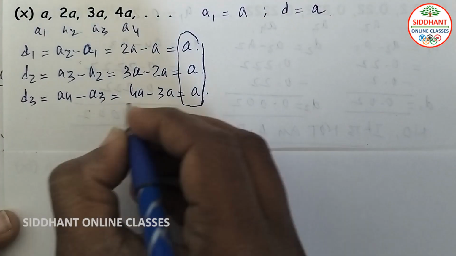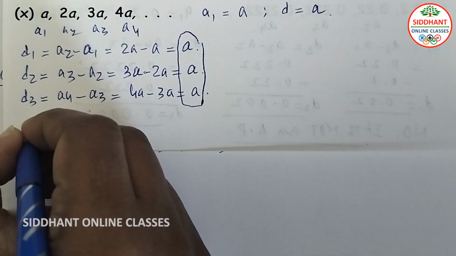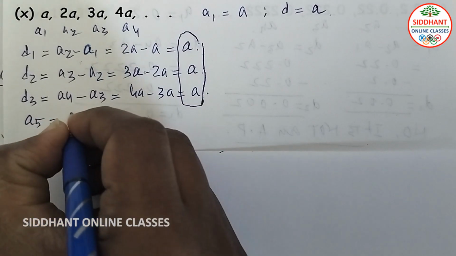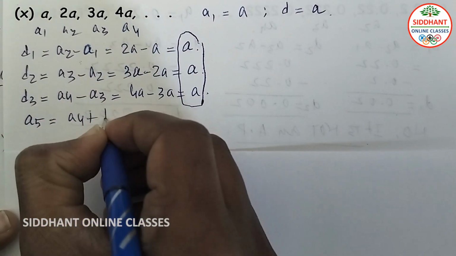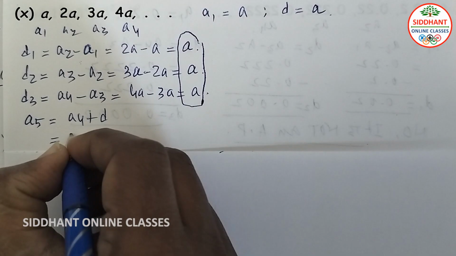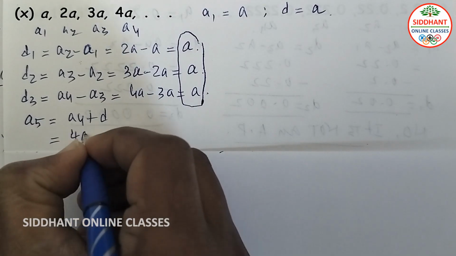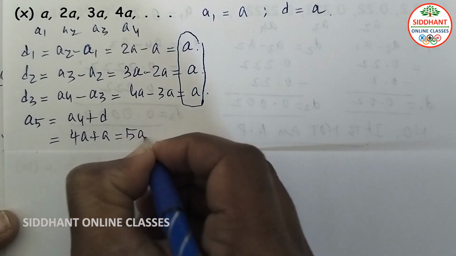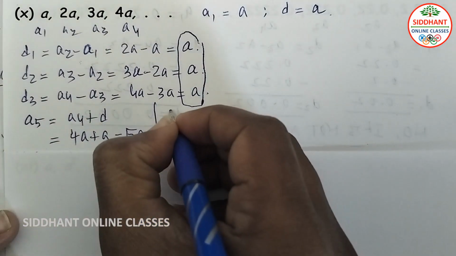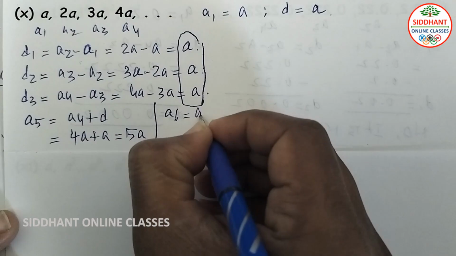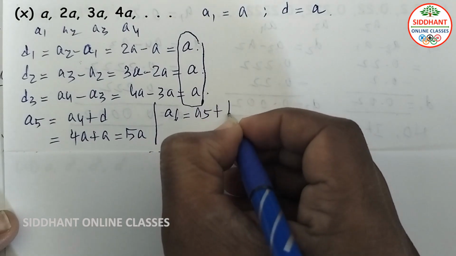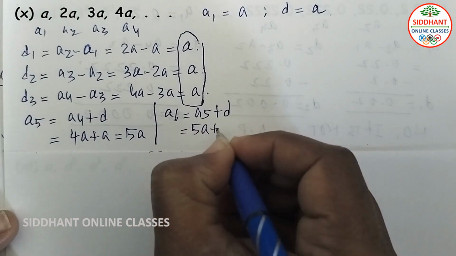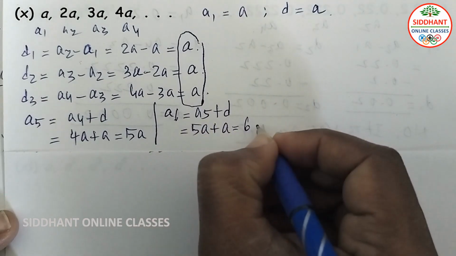Now we are going to find out A5, next three terms. Now A5 is equal to A4 plus D, that equal to A4 is 4A plus D is A, which is 5A here. A6 is A5 plus D, that equal to 5A plus A, that equal to 6A.